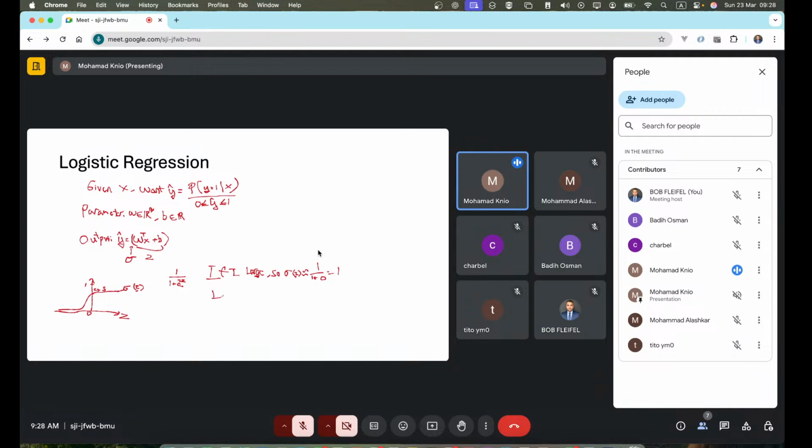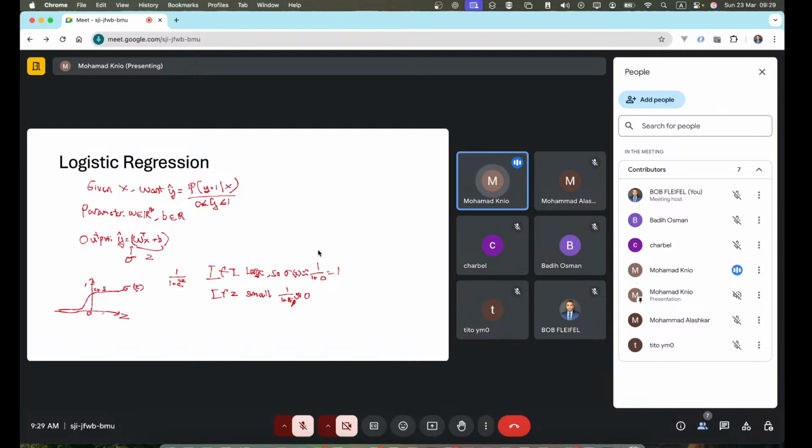And also the same if z is small, or it's a very large negative number. Since if it's an extremely large negative number, it would be 1 over 1 plus, let's just say, big. Okay, it would be near 0.